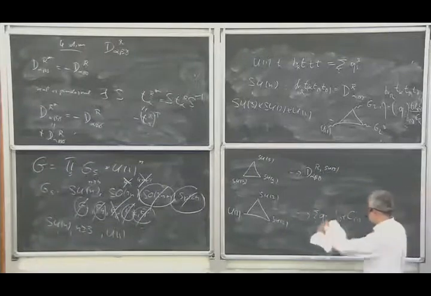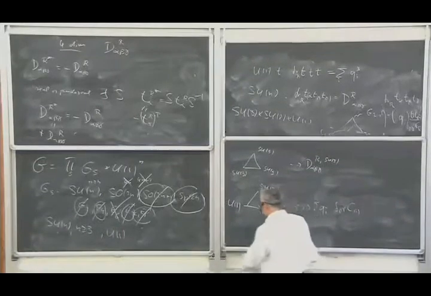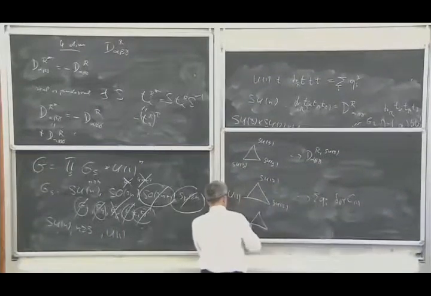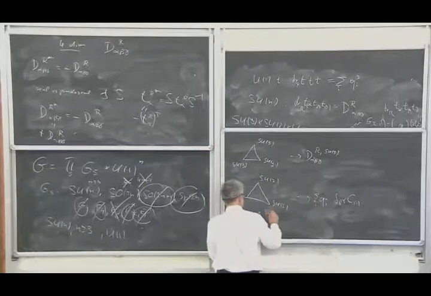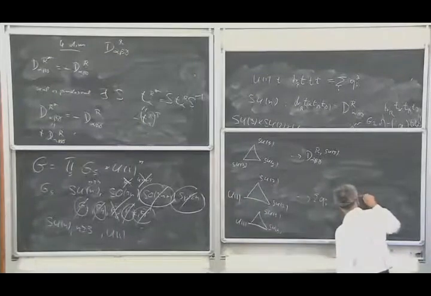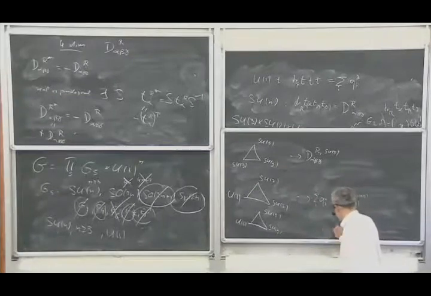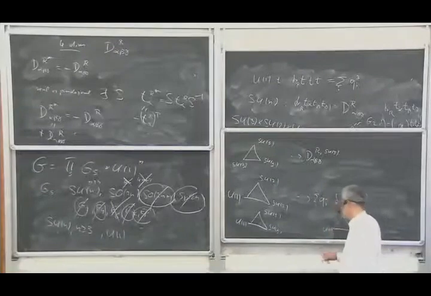So I break my representation into irreducible components. I have the same thing, of course, for U1, SU3, and SU3. Okay, so this was for SU2. Same thing for SU3. We have to check for U1, U1, and U1.